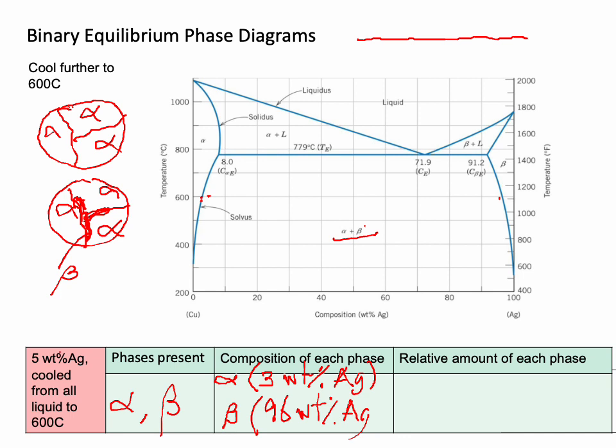So the fulcrum is at 5. On the left, I am going to put my alpha, and it's at a composition of 3. On the right, I'm going to put my beta, and it's at a composition of 96.